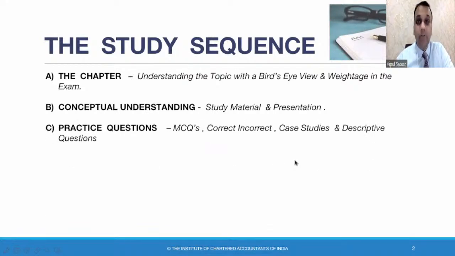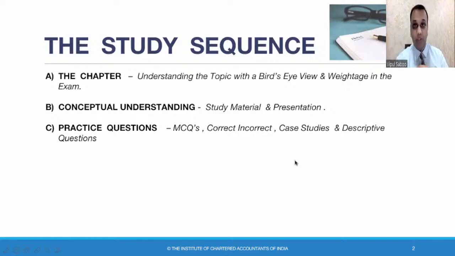Then obviously we'll be having some MCQs, correct and incorrect questions, descriptive questions, and a case study as usual at the end of this chapter, so that we are able to understand the chapter and also we are able to practice how to apply that knowledge which we have gained through this chapter in integrated case scenarios, which you get in your exams, right?